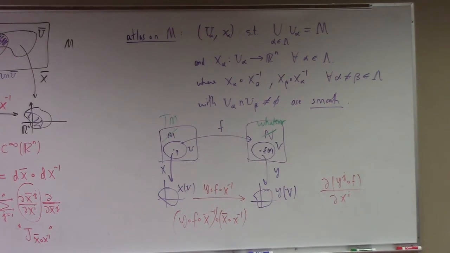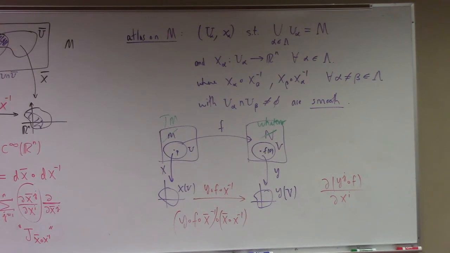So we're going to get some space up here. Let's say pi inverse of U. Pi inverse of U is a subset of the tangent bundle. What is that? That is things of the form P comma V such that pi of P comma V, which is equal to P, is in U again.